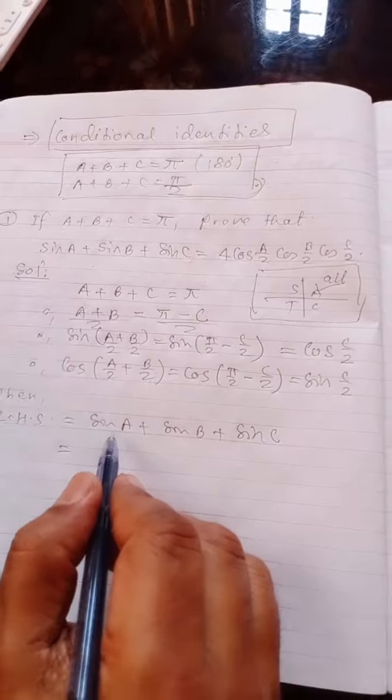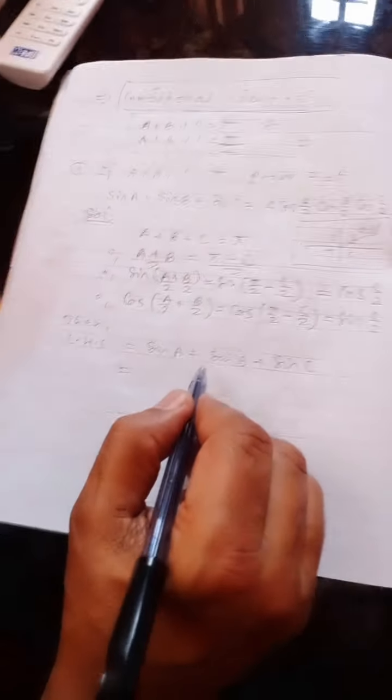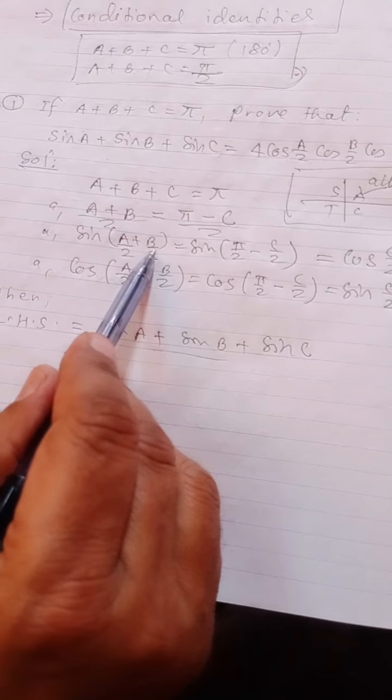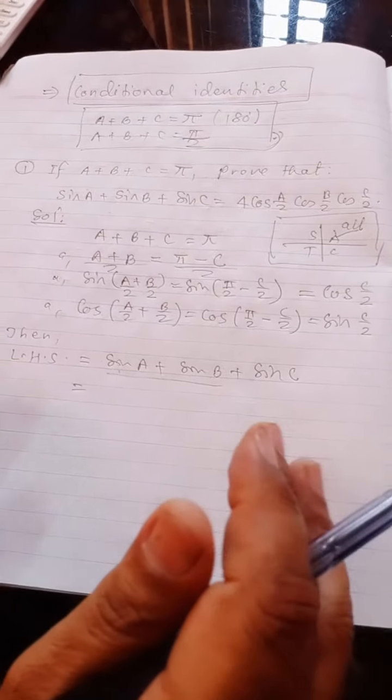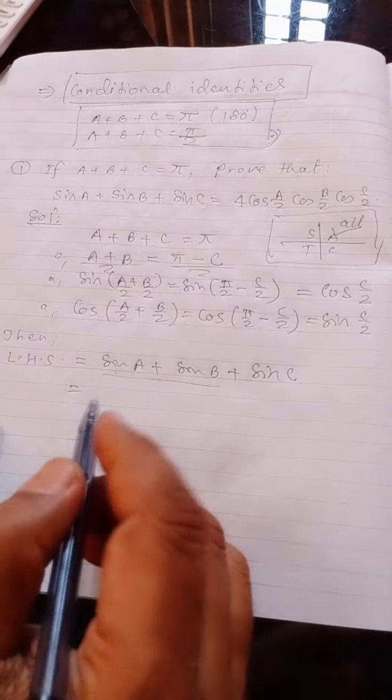Now, the transformation formula I have already told you, S plus S. For these two, having angles A and B, we have to use it, because A and B are on the left hand side and C is on the right hand side. That's why C has to be left alone and A and B have to be taken.